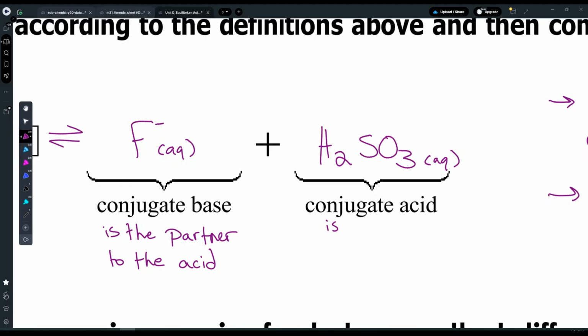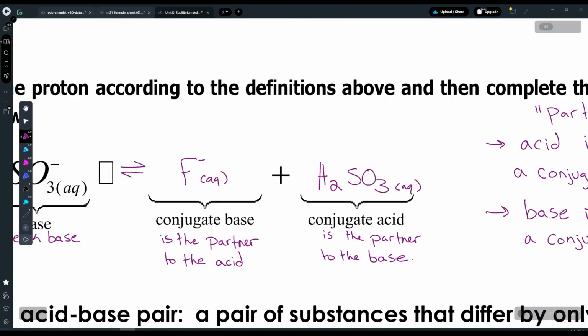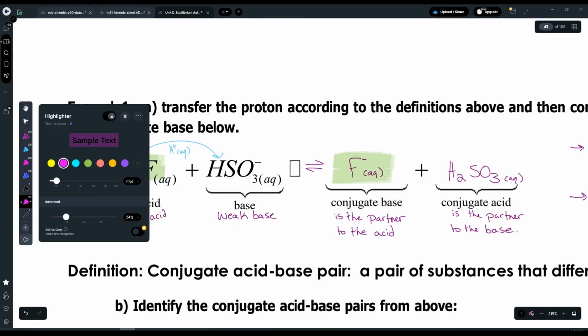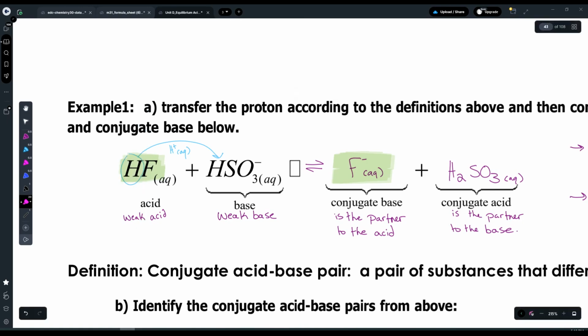So the base being the hydrogen sulfite ion. So what I'm going to do is I'm just going to color code this. So these two are partners. Same with these two partners.